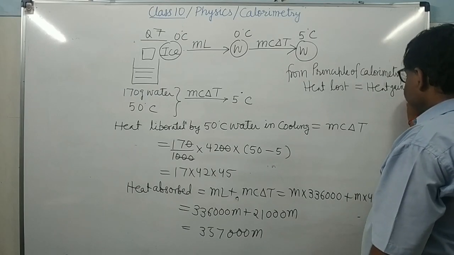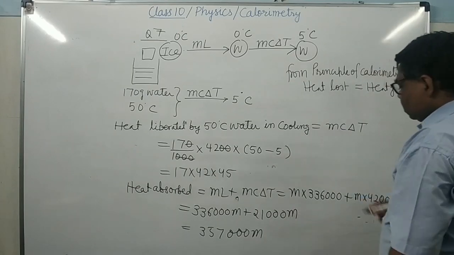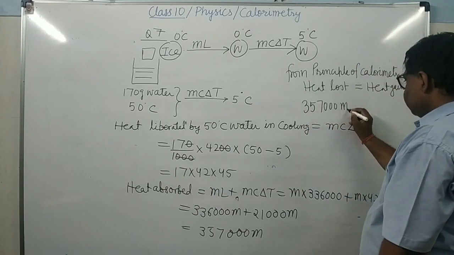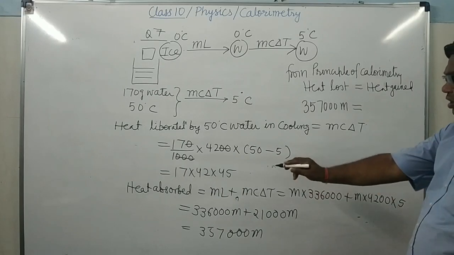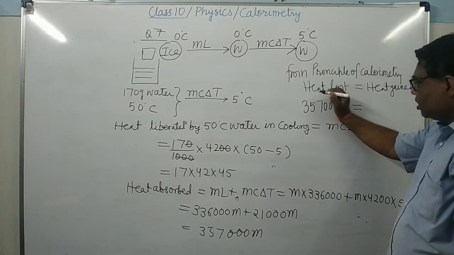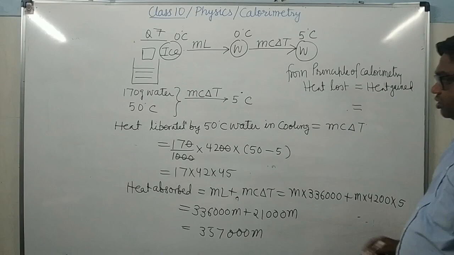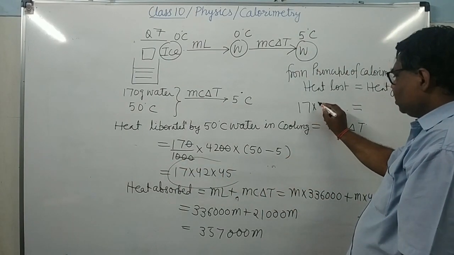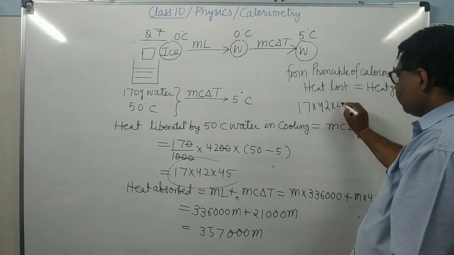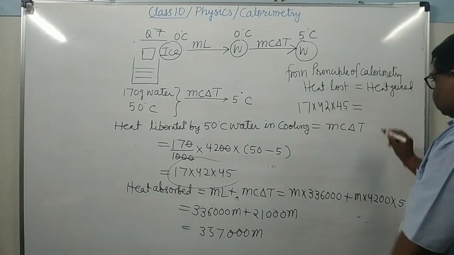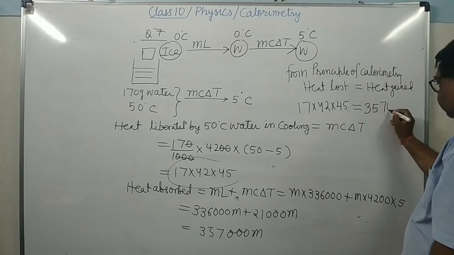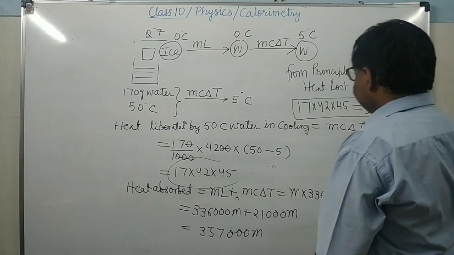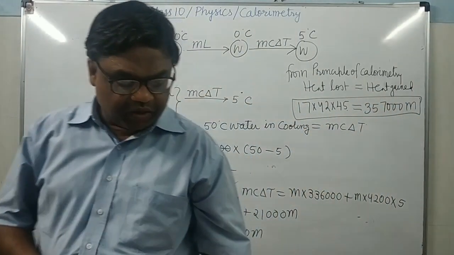What is heat lost? This is the heat lost. It is 17 into 42 into 45, which you can simplify; I have not done the multiplication. And heat gained is 357,000 m. So by solving this you can find the value of m. It's clear?